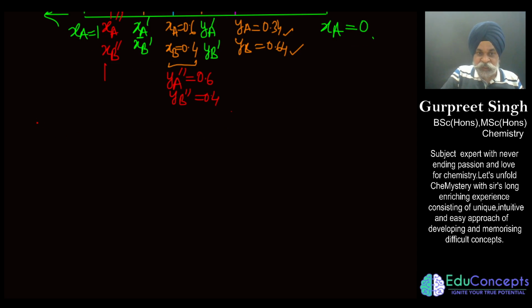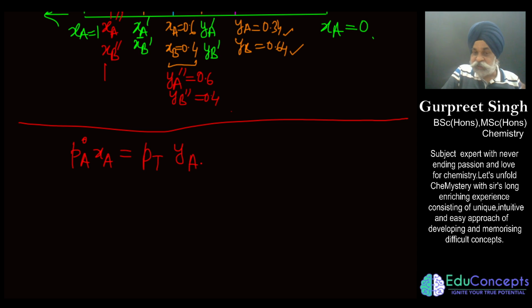Now, what we can do here is find the answer. Let me write the same statement once again: P naught A XA is equal to P total YA. This is the general statement we used to write. Now, if I change it in such a way that I get the answer in a speedy way, I can say YA is equal to P naught A XA upon P total.